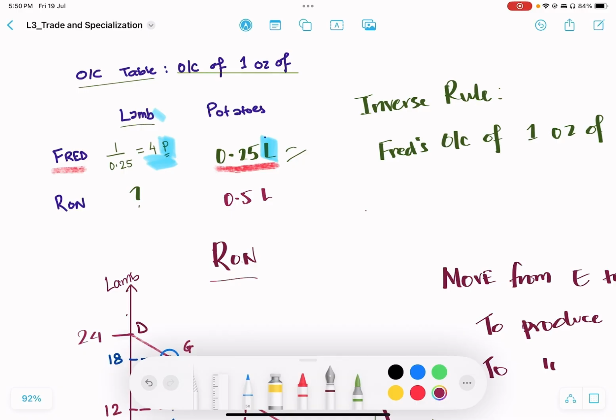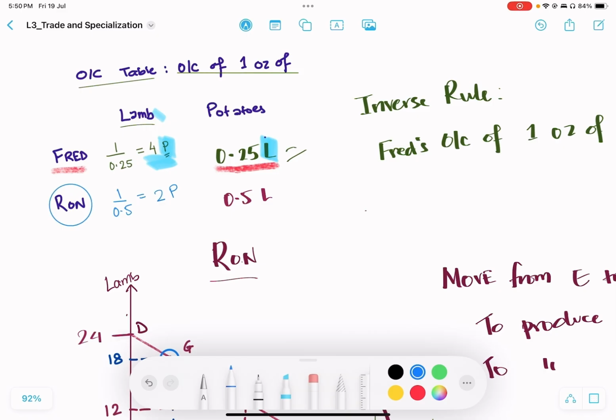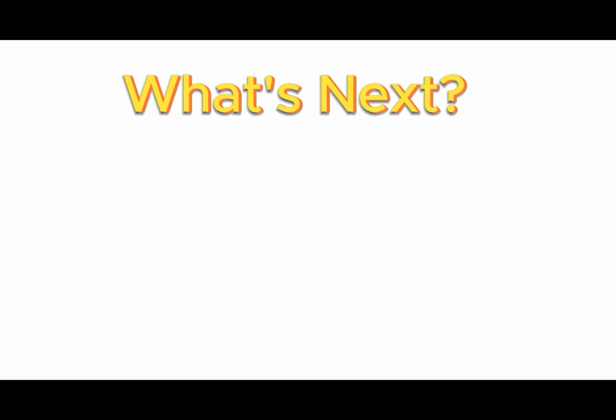Again, let's just use our shortcut now to fill up the last part. So we can say that this is going to be 1 divided by 0.5, which is going to be 2 potatoes. So we're basically saying that for Ron, when he wants to produce 1 more ounce of lamb, he has to give up 2 potatoes.